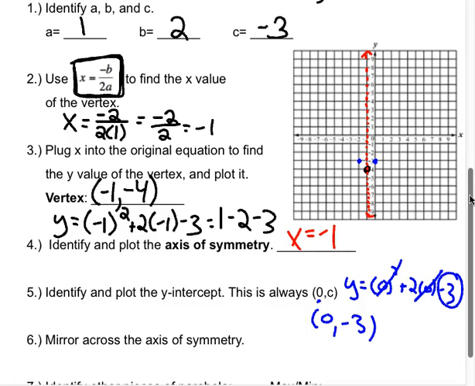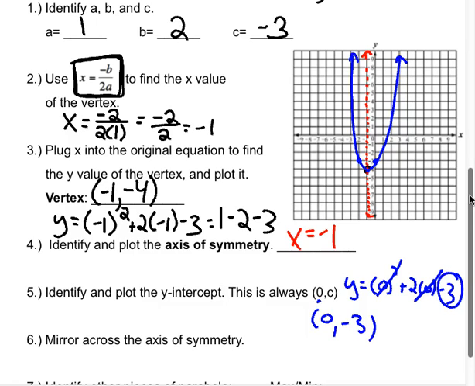That means there has to be an identical point on the other side. That's what it means to be the axis of symmetry. It has to have the same thing on both sides of it. Once we recognize that, now I can finish drawing my shape. Now I can draw my parabola.